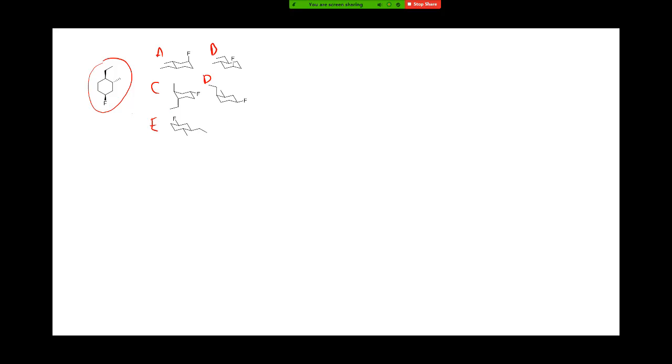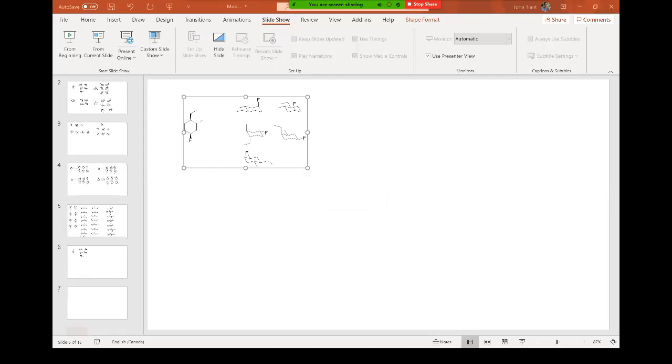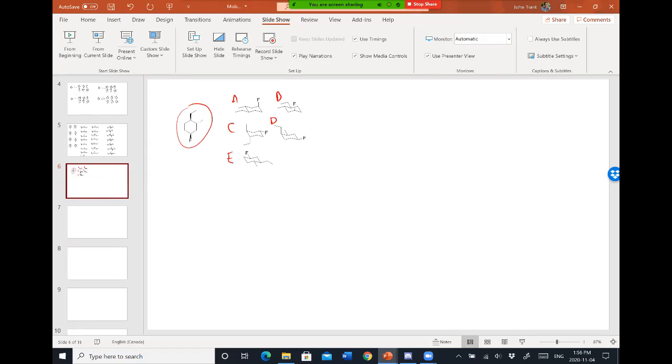So you've got a bunch of ways to approach this. One thing you can do is lose your slide. Where'd it go? Keep annotations. I have no idea where I am. There we go.